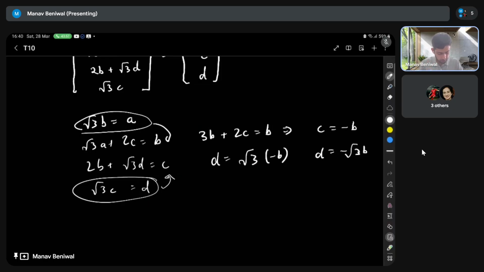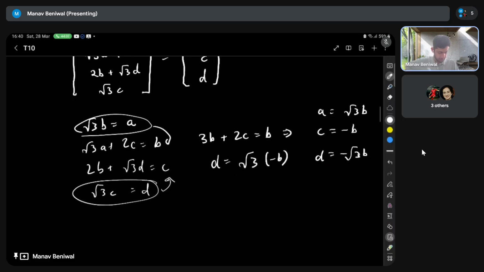And for a also we have under root 3b. So then our vector abcd, if we take b as 1, is of the form root 3, 1, minus 1, minus root 3. So this is what we have.